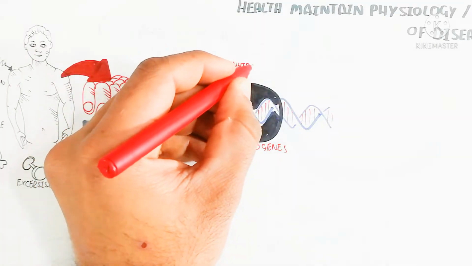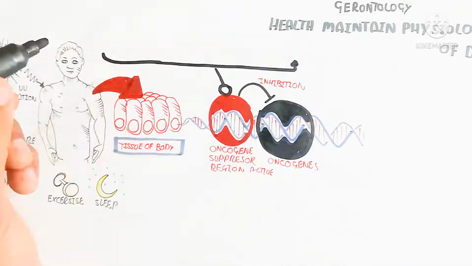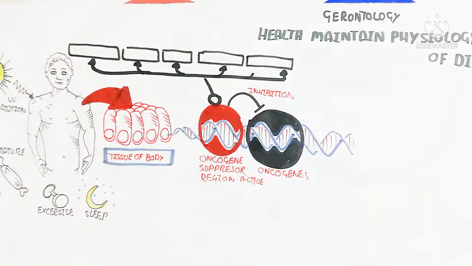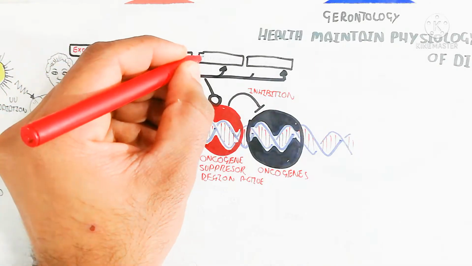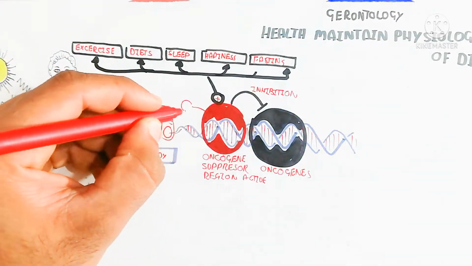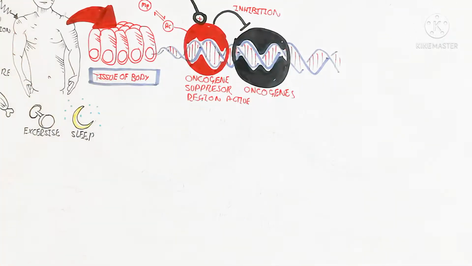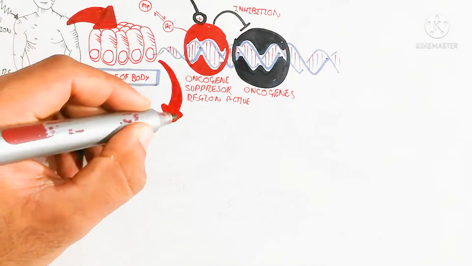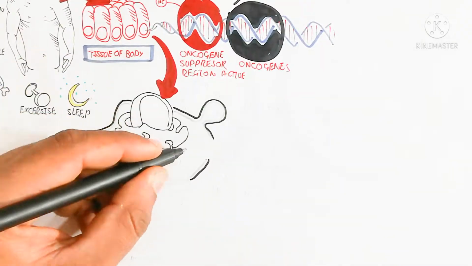After this comes epigenetics, and the oncogenes will be inhibited by the activation of the oncogene suppressor region by methylation. Exercise will give a positive effect on the activation of the oncogene suppressor region, as well as diet, sleep, happiness and fasting.